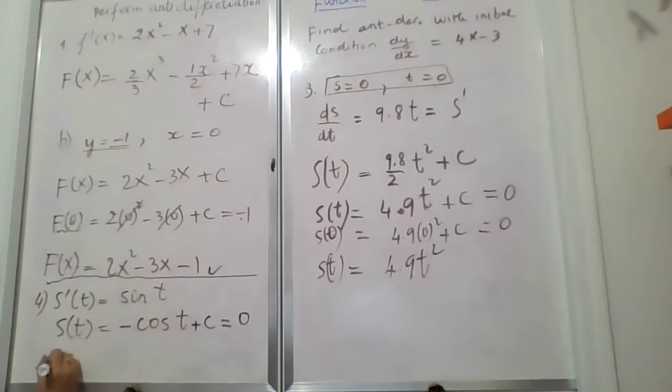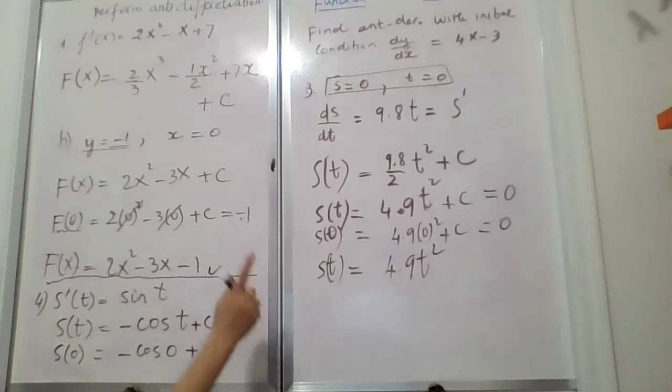Now we're going to substitute t by 0. So s of 0 equals minus cos 0 plus c, and the s function equals 0. Now keep in mind cos 0 equals 1. So minus 1 plus c equals 0. What does that mean? If you move the c over, minus 1 equals minus c. Change both sides, c equals 1.